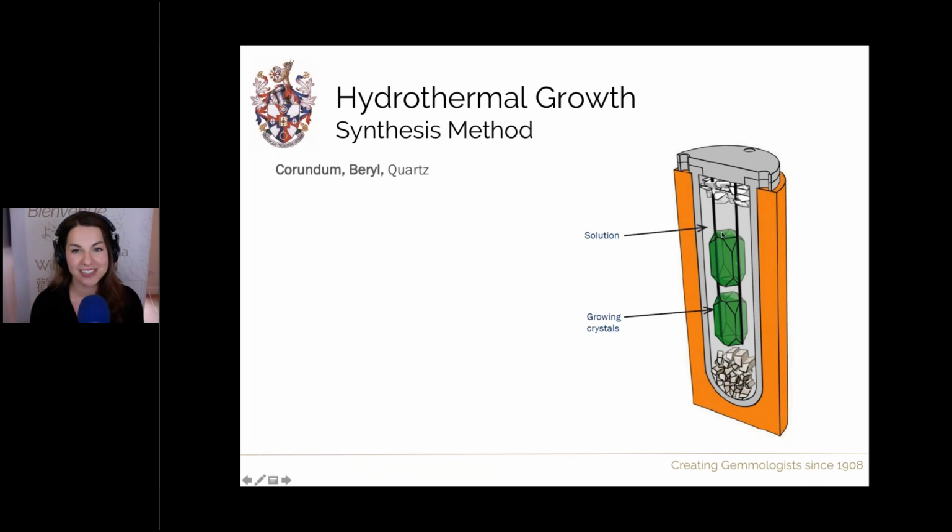Quite large crystals can be grown this way. Quartz crystals, for example, can be grown quite large, especially in multiple stages. In regards to growth time, this is in between the two methods we've spoken about before, so moderate speed, about 5 millimeters every 2 weeks. So you could have a few months of growth to get a decent sized cut gem.